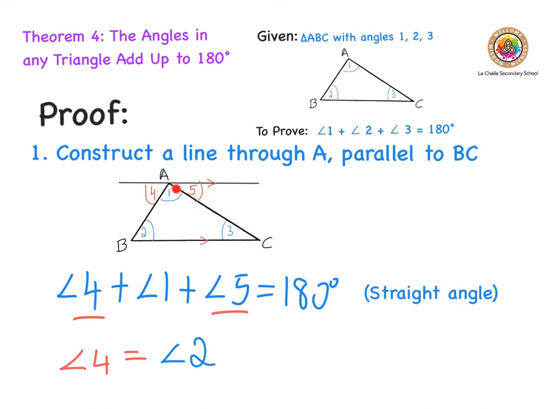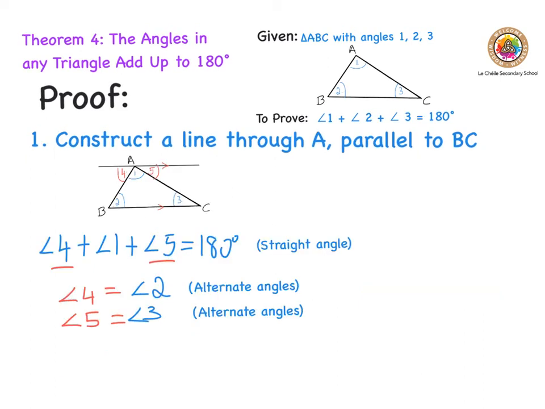So angle 5 and angle 3, again, they're equal to each other. And so we can write that down here. Angle 5 is equal to angle 3. Okay, but again, we have to state why that's true because we've made those statements. So in brackets after each of those sentences, we're going to write alternate angle.